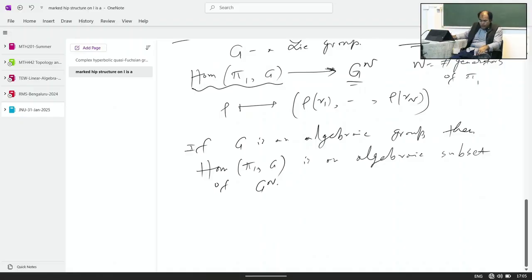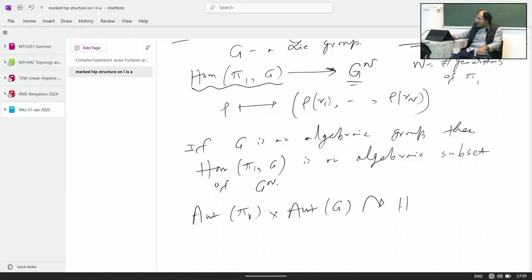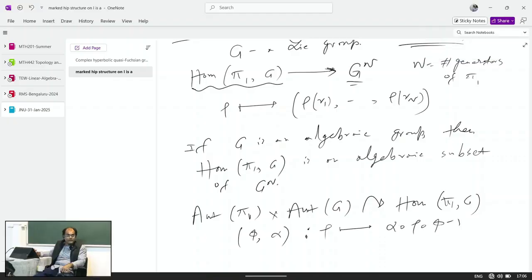Now the group Aut(pi 1) times Aut(G) has a natural action on Hom(pi 1, G). Take phi and alpha, and an element rho from Hom(pi 1, G); then this goes to alpha composed with rho composed with phi inverse. This is a natural action.